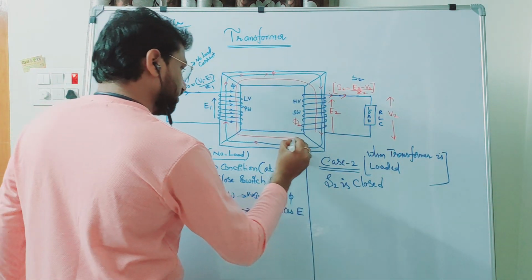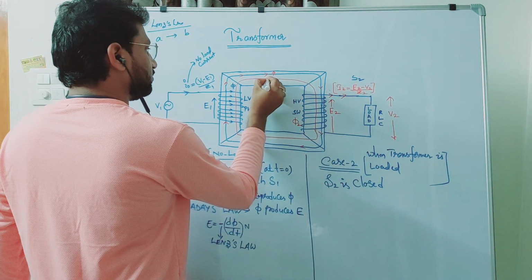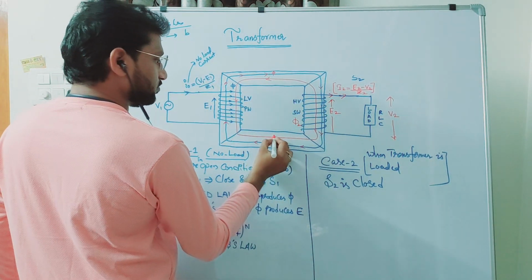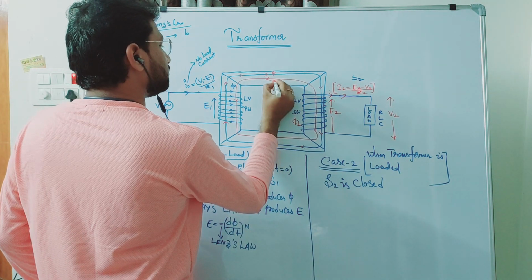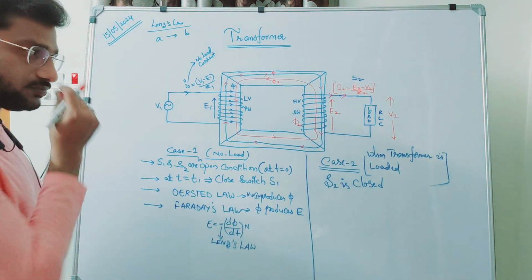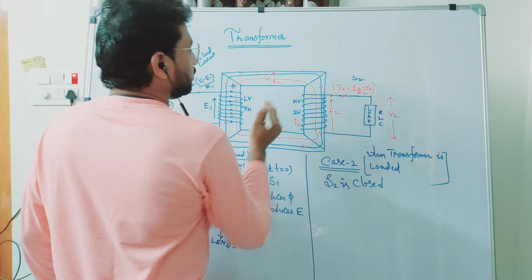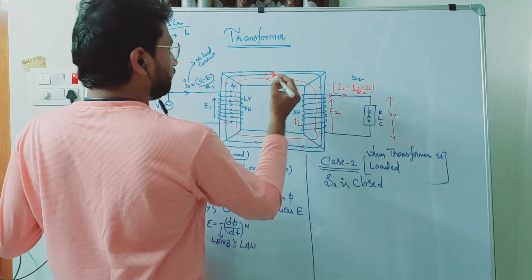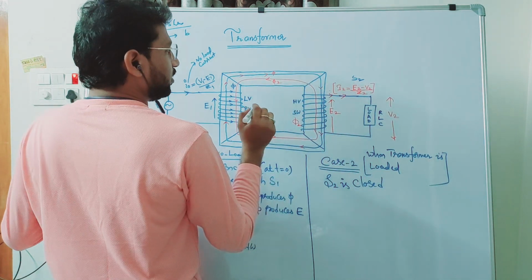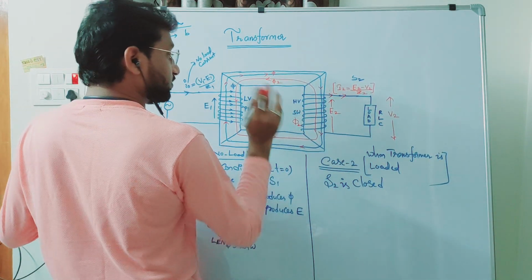So I am drawing with the red one. So this is phi 2, right?